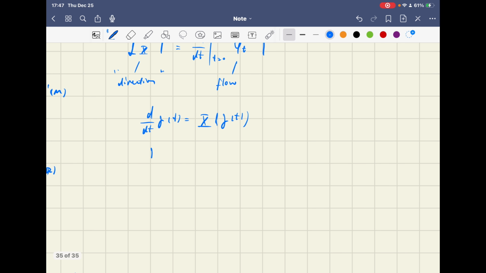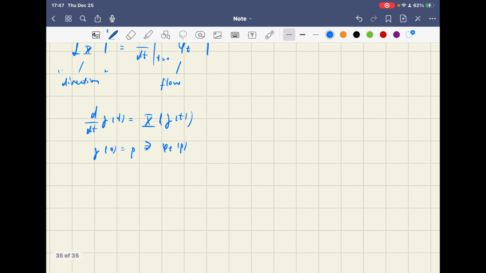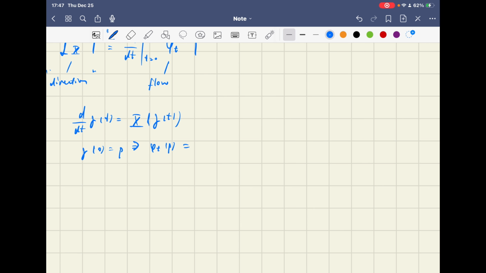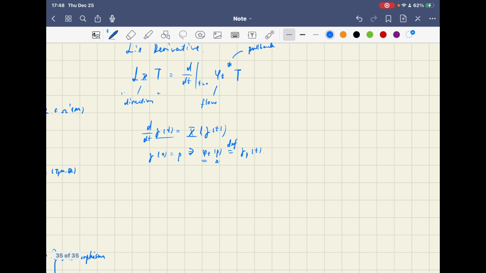If we're given that gamma at t equals 0 is p, then phi t of p is defined as gamma of p at t. So this flow takes the point p to the point along its trajectory at time t. That's essentially what flow means.